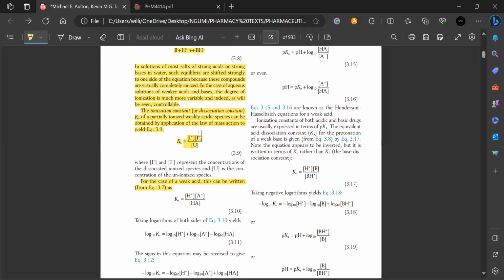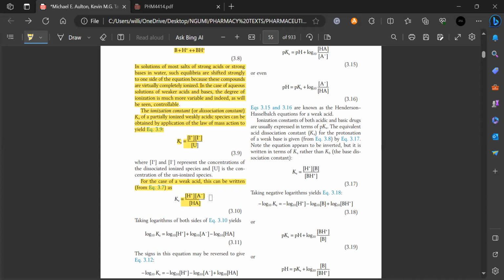So if you multiply the ionized species by each other and divide by the unionized, then we'll find the Ka. So for weak acids, we know that our ionized species are both the hydrogen ions and the basic ions, which we'll say A minus.